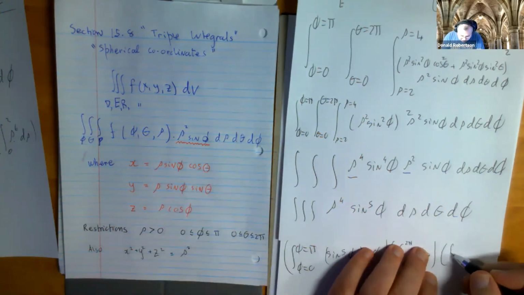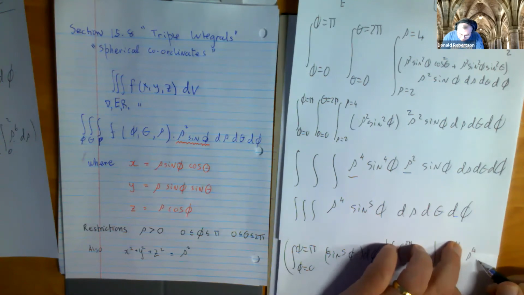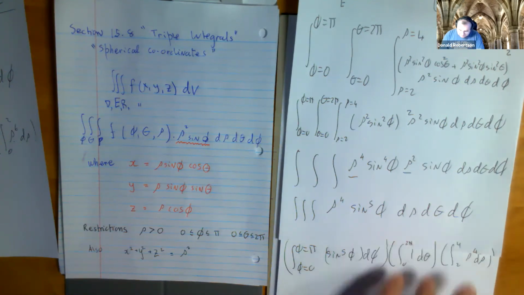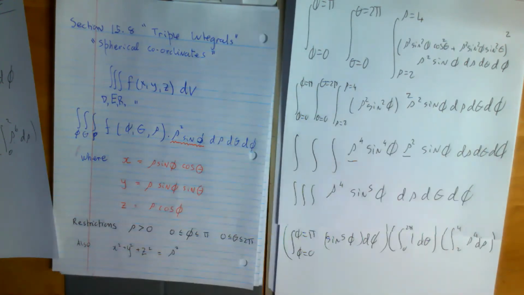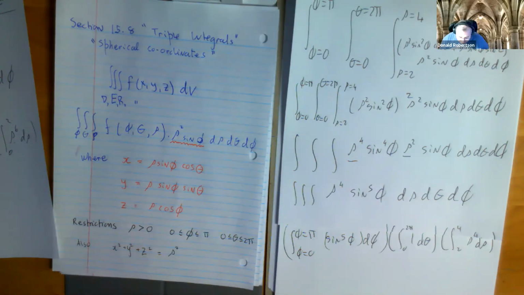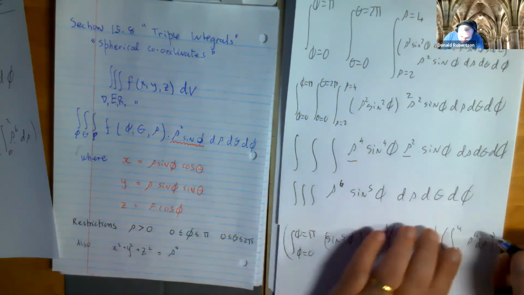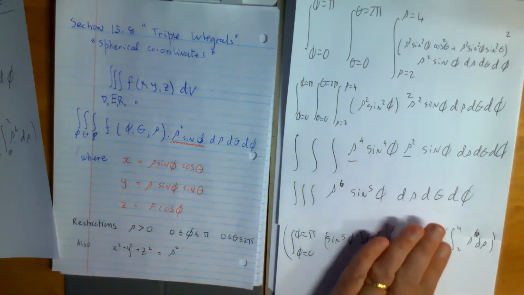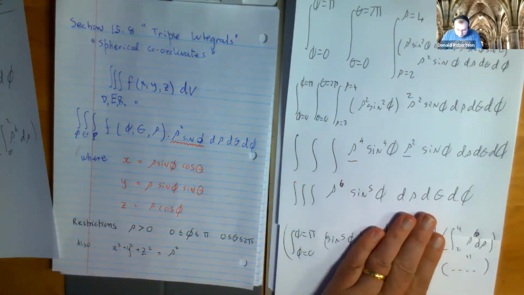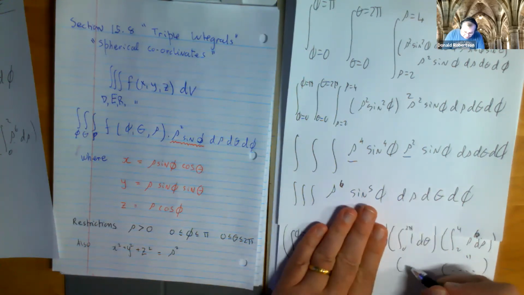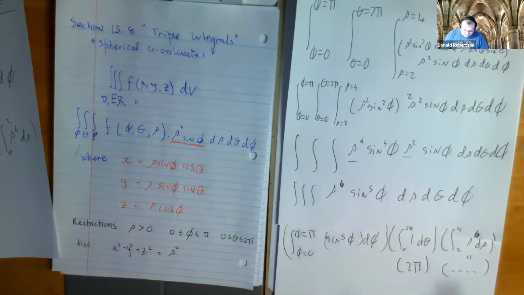And then the last guy is from 2 to 4 of this fella, right? Shouldn't it be rho to the 6th? What's the 6? Oh, well caught. Right. This guy here is doable. Can I just say, just a 1/7 rho to the 7 in some ugly fraction, right? And would you agree this middle one's 2 pi?